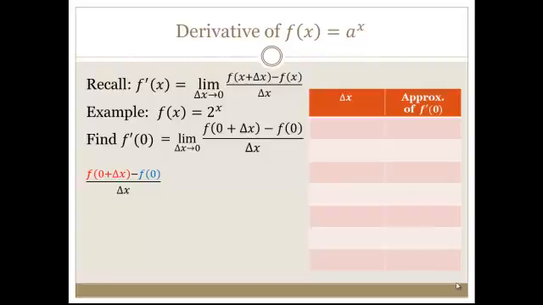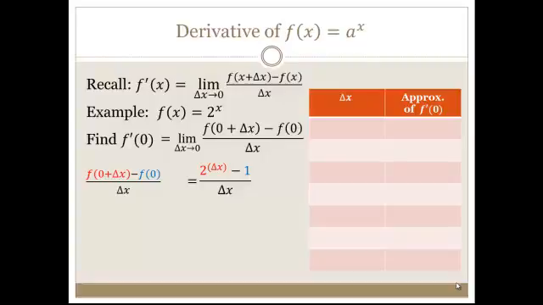As we did in finding f prime of 1, let's keep track of our approximations of f prime of 0 along with our value of delta x. In our calculations for all values of delta x, we can see that f of 0 plus delta x is 2 to the 0 plus delta x, or 2 to the delta x, and f of 0 is 2 to the 0, which is 1.